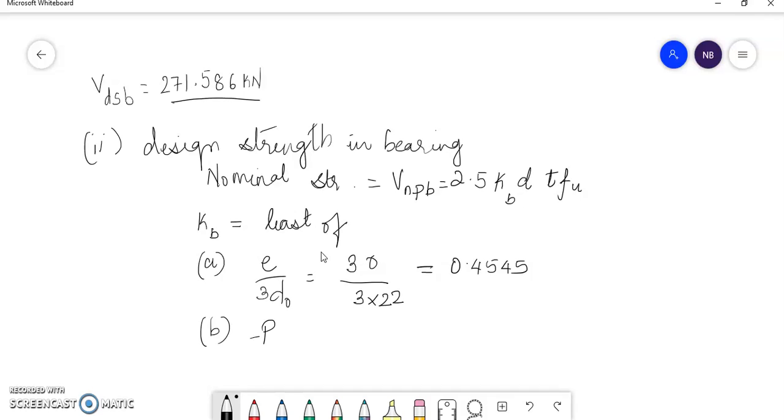The next is p upon 3d0 minus 0.25. The pitch is given to us as 60. The hole diameter is 22. And here we get a value of 0.6591.